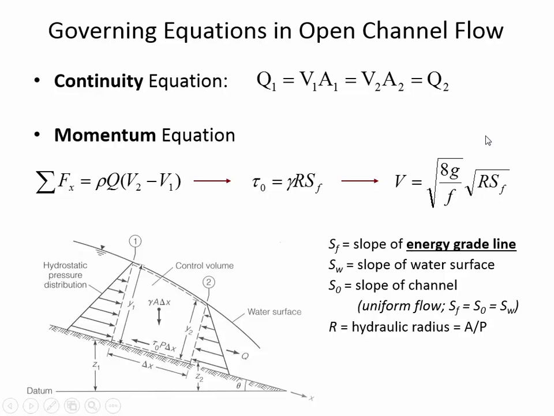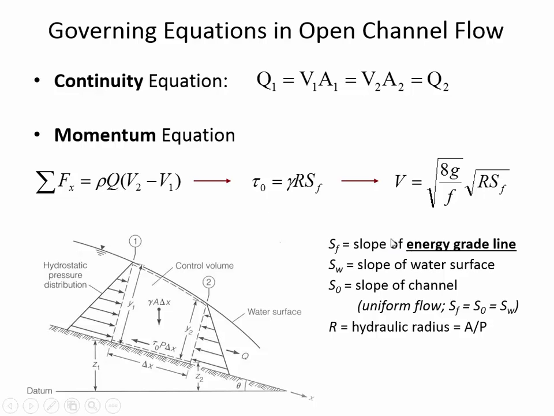In fact, the f value, you won't see very much of that through open channel flow. f values and the Darcy-Weisbach method of estimating energy losses, that's almost exclusively for closed channel flow. In open channel flow, we'll start using something else to estimate energy loss. But we can make the relationship between the velocity of the water that's moving in an open channel and the f value and slope of the energy grade line.